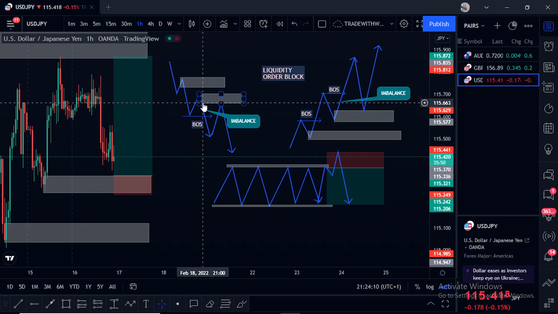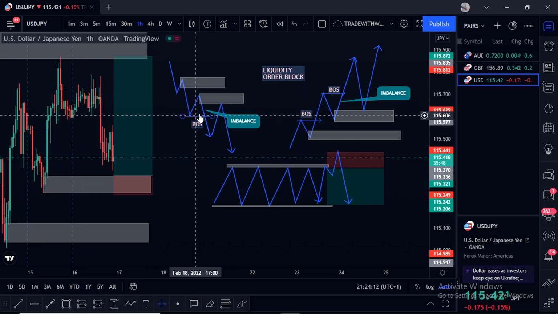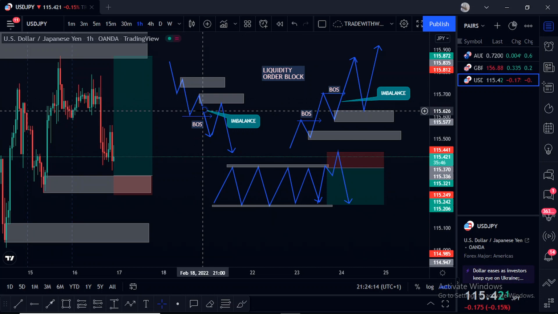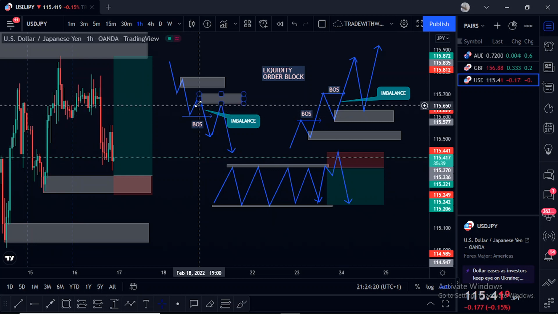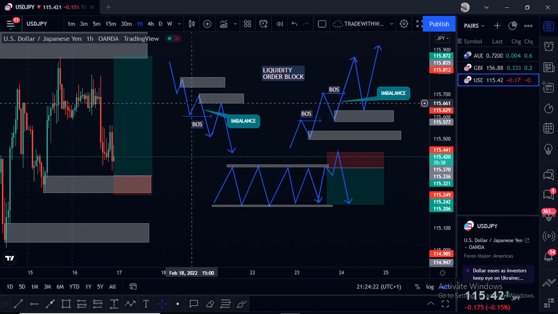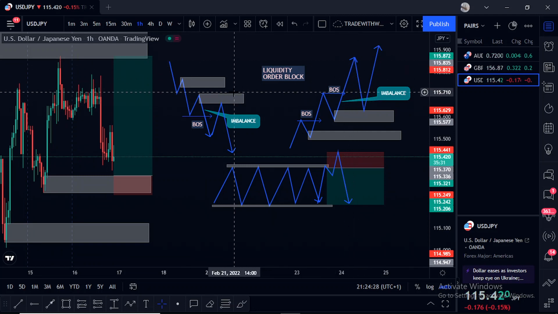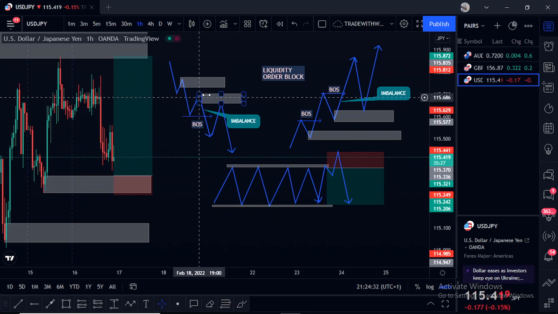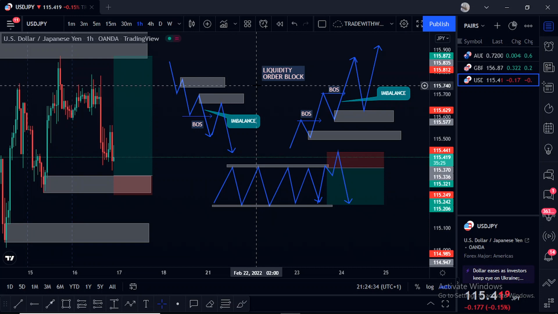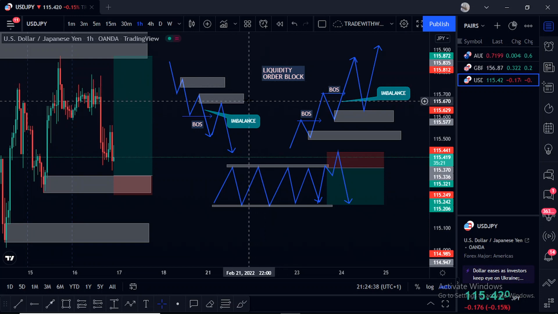Why do we want to enter at the order block that was formed before the break of structure? This is the reason: we believe that if there is an imbalance, that means there were a lot of orders that broke structure, right? Before the orders were released, before the whole imbalance happened, we believe there's a candle that we call the order block candle that was formed before the break of structure that brought the imbalance.